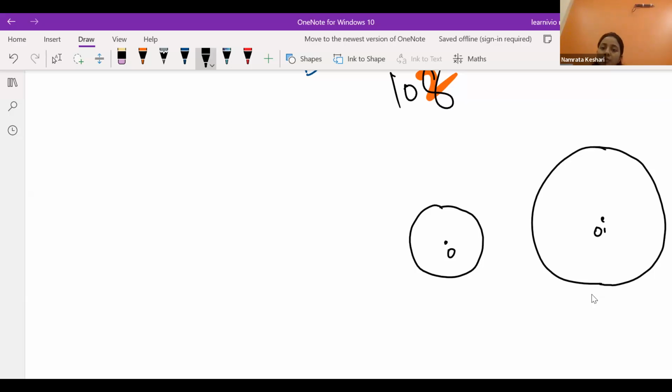Suppose the first circle is having the radius 2 centimeter and the second circle is having the radius, let's say, 8 centimeter. Now similarity means, I told you, all sides must be in proportion. In proportion means maintaining the same ratio with each other.